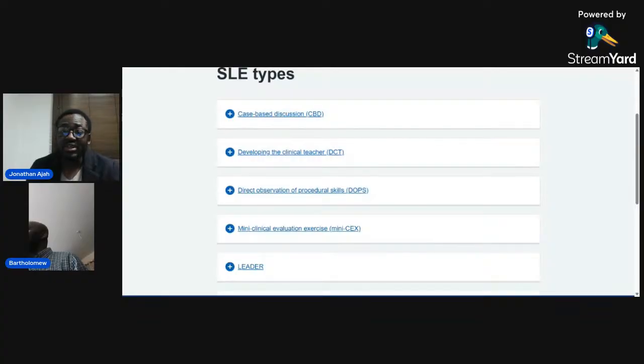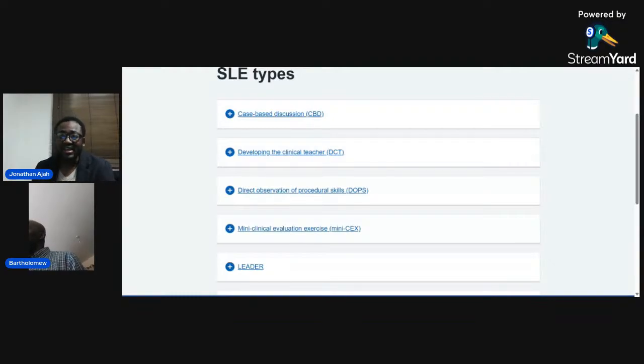And one of the key aspects of that is the case-based discussion, and also areas like developing the clinical teacher, direct observation of procedural skills, and mini clinical evaluation exercise, which is called the mini-CEX.